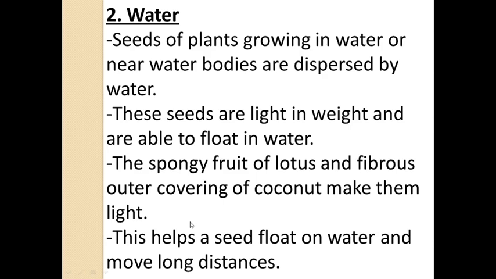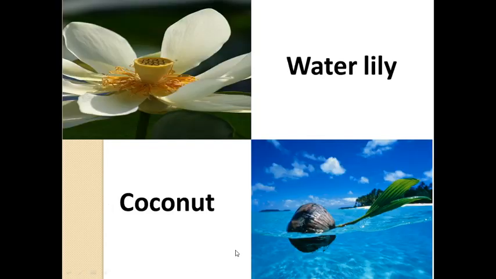The examples of seed dispersal by water are lotus, water lily and coconut. This kind of dispersal helps a seed float on water and move long distances. Understood? See the examples of dispersal by water, water lily and coconut.